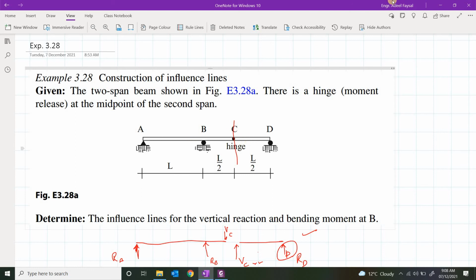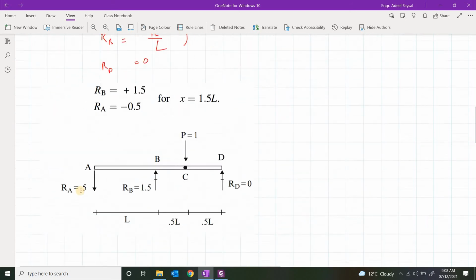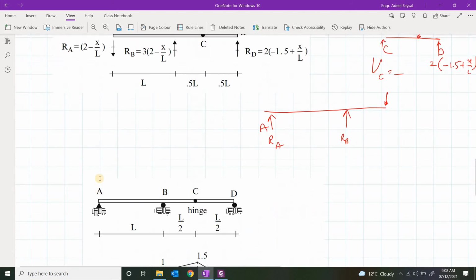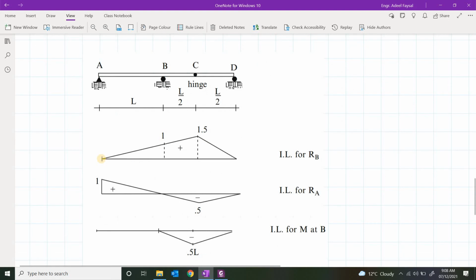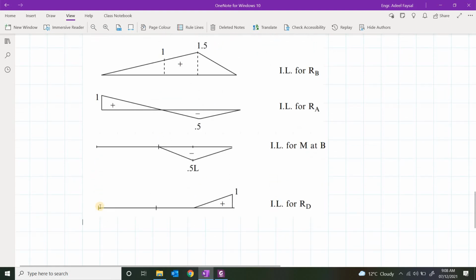Now let's verify this. If you place a load somewhere over here, all other quantities except RA would be zero. Now let's verify this. RB is zero, RD is zero, and even the bending moment at this location will also be equal to zero.